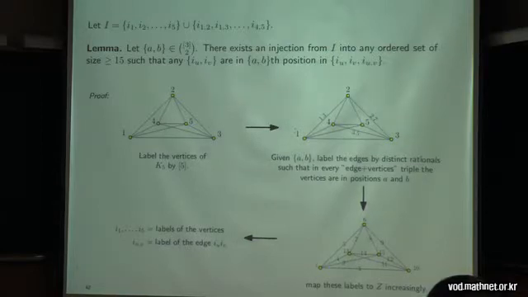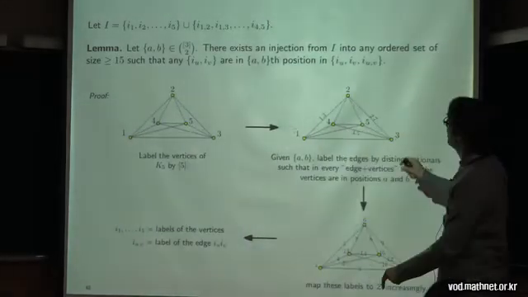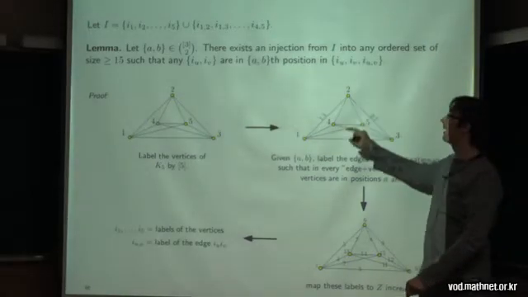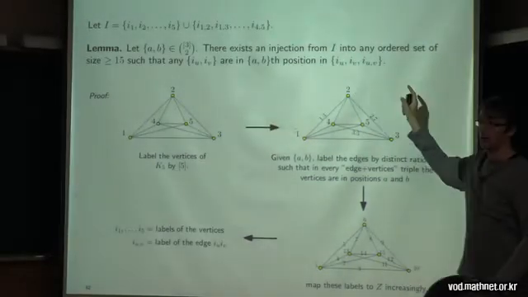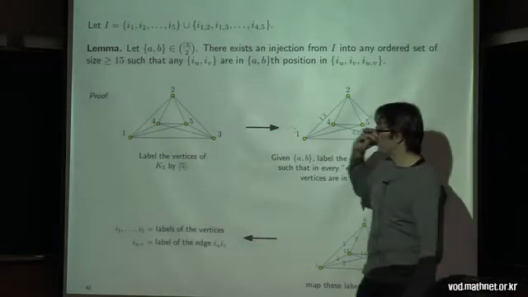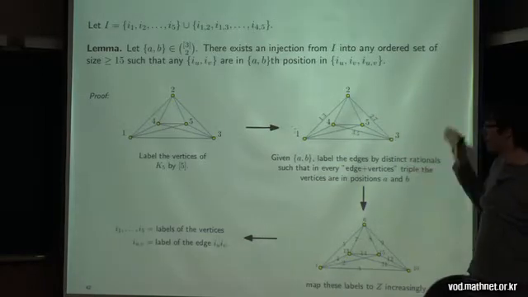I can always map those 15 labels into the integers from 1 to 15 in a way that when I take this triple, IU, IV, IUV, the IU and IV are in position A and B when I consider those ordered. And the way you do that is you start by labeling the vertices here, then you add fractional labels on the edges, then you rescale everything.